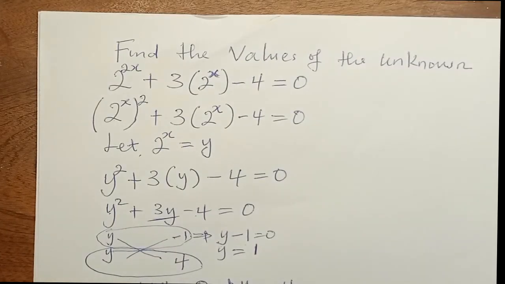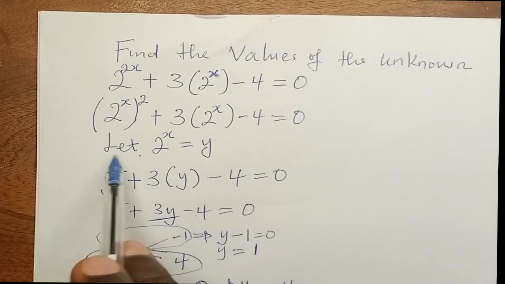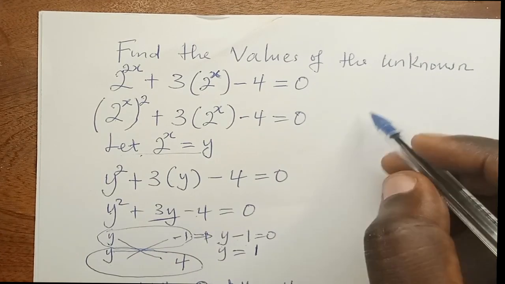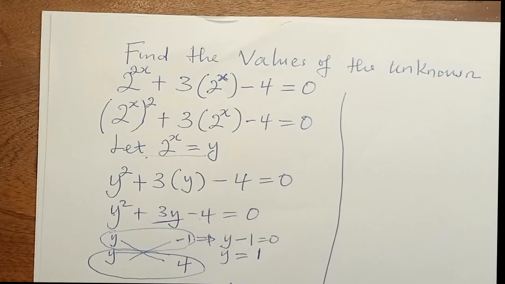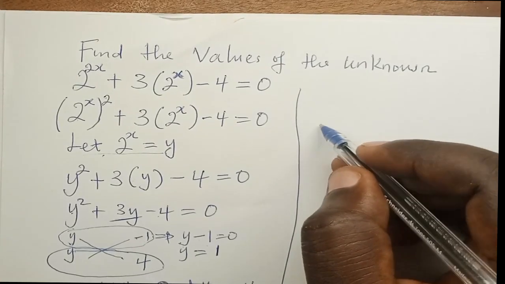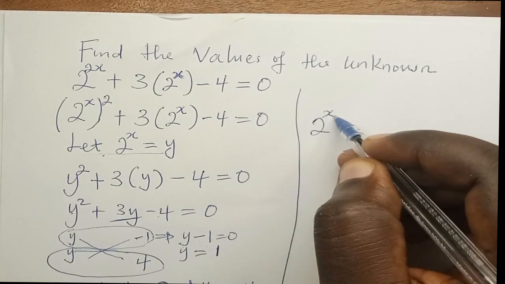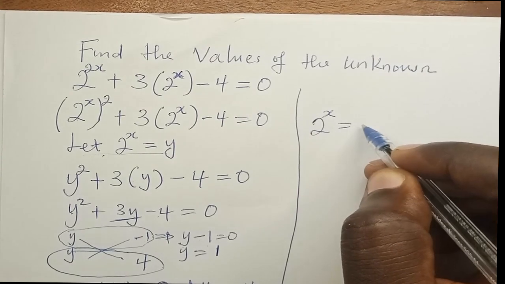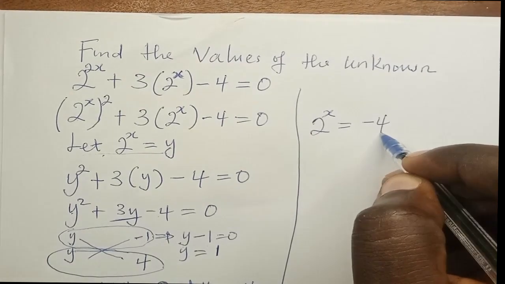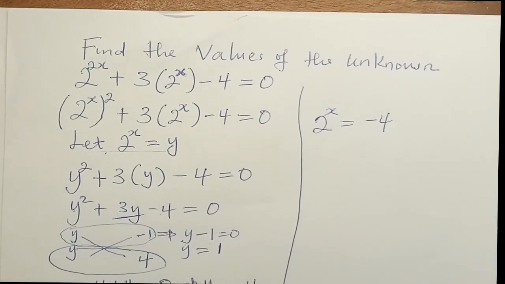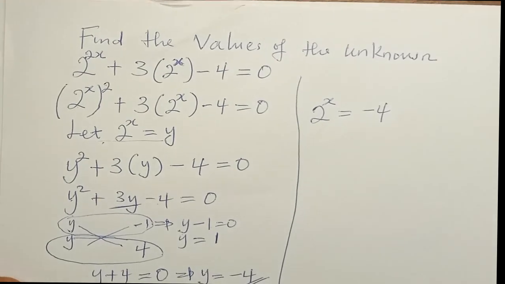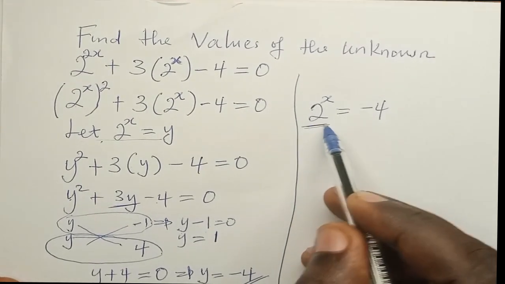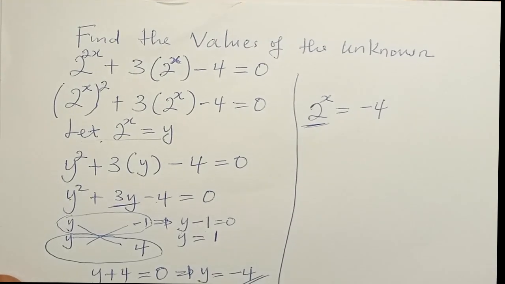In this case, what we want to do is to come back here and use the expression that states, as you can see here, that 2 raised to the power x is equal to y, which is minus 4 this time. Of course, we need to use something that has the same base as 2, for which if we raise the power, we are going to have negative 4.